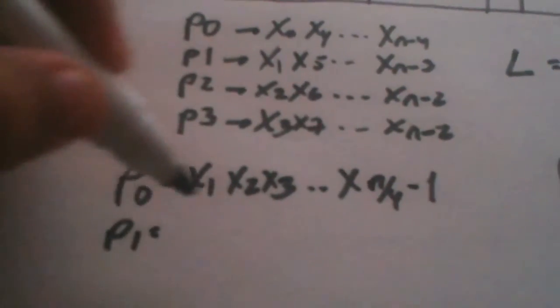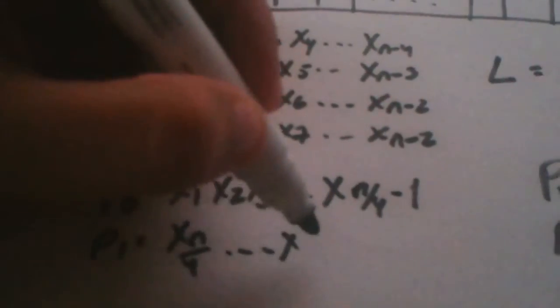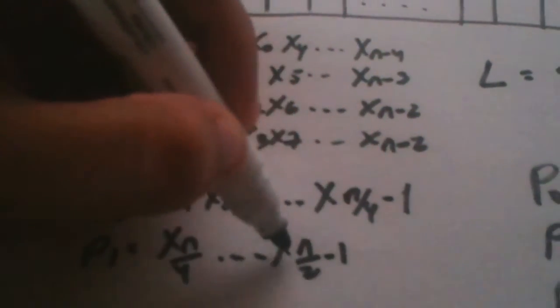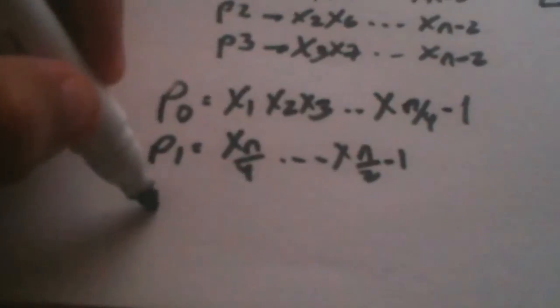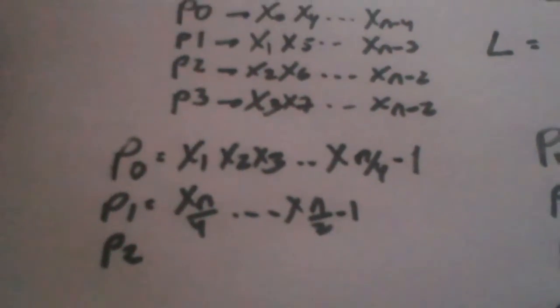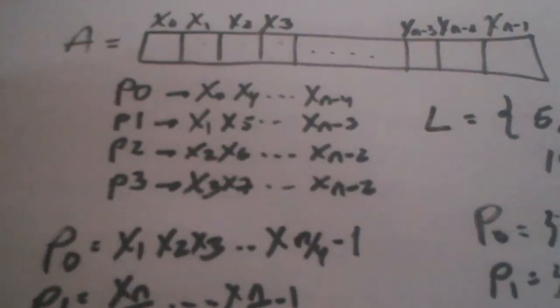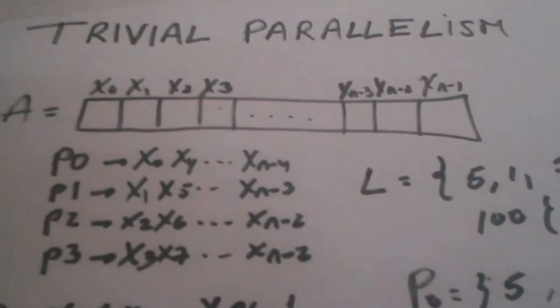Processor 1 has x of n over 4, up to x of n over 2 minus 1, and so on. So we are decomposing the array in consecutive points for each processor, which is a valid way to decompose this.